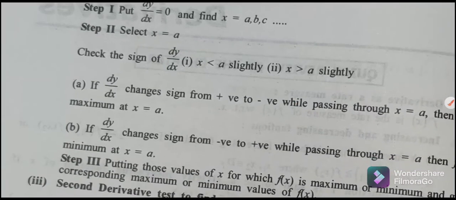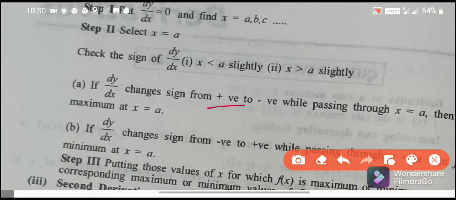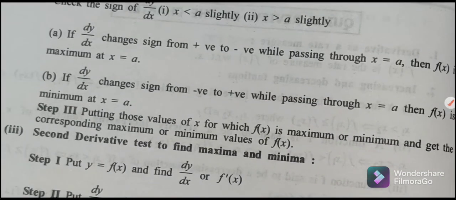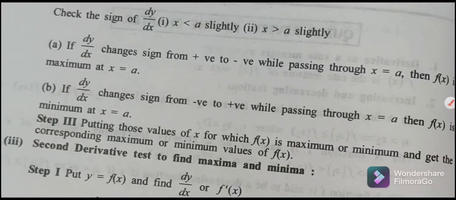If dy by dx changes sign from positive to negative, then it is local maximum, and if dy by dx changes sign from negative to positive, then it is point of local minimum, and if the sign remains the same, that is from positive to positive or negative to negative, then it is called point of inflection.